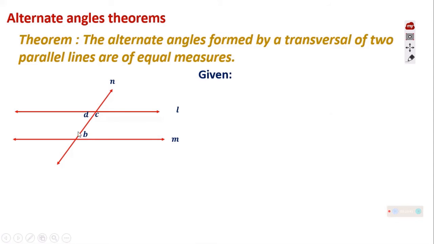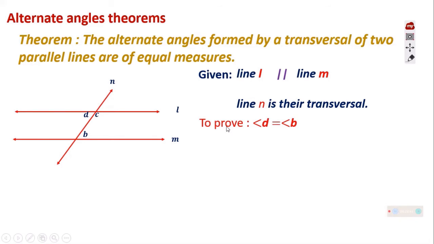In this, angles D and B are alternate angles. Line L is parallel to M and N is a transversal, and we are asked to prove that D and B are alternate angles and they are congruent.